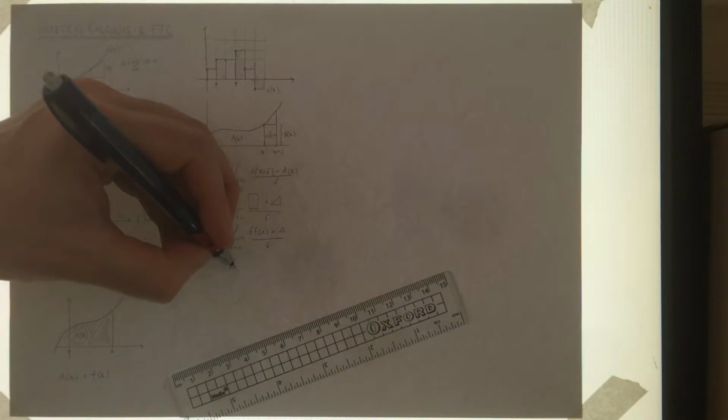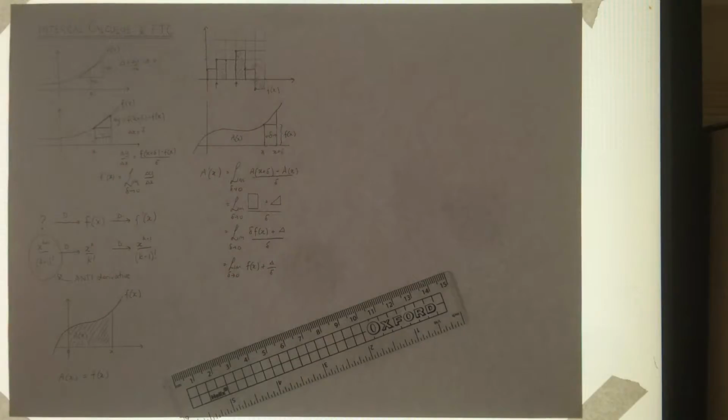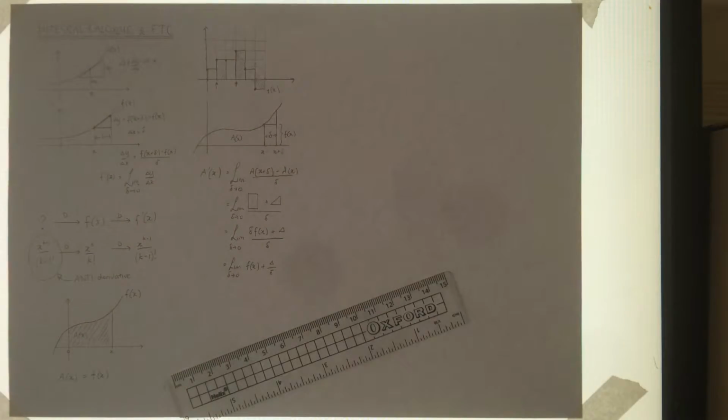Which is just the limit as delta tends to 0 of f of x plus triangle over delta. And as delta shrinks to 0, this contribution becomes negligible, so this disappears. And we're just left with f of x.